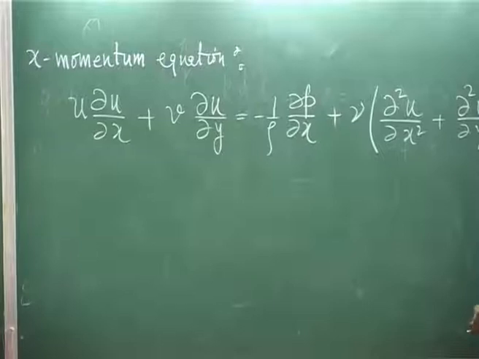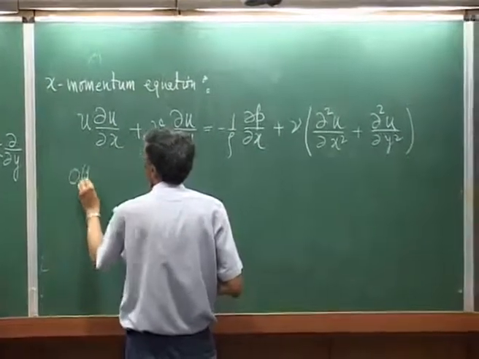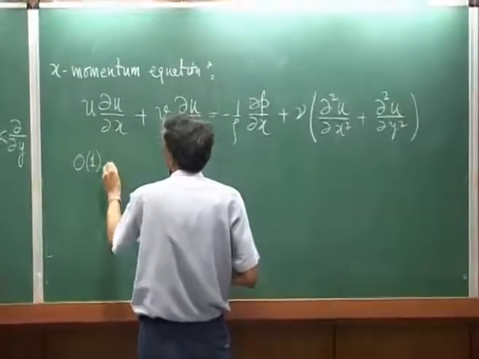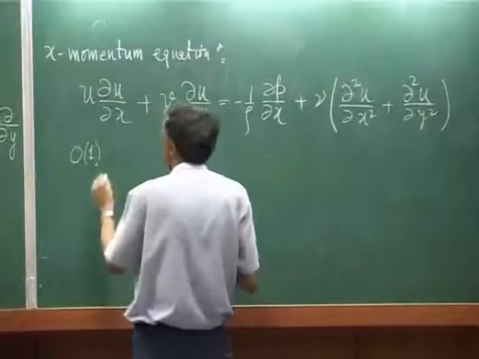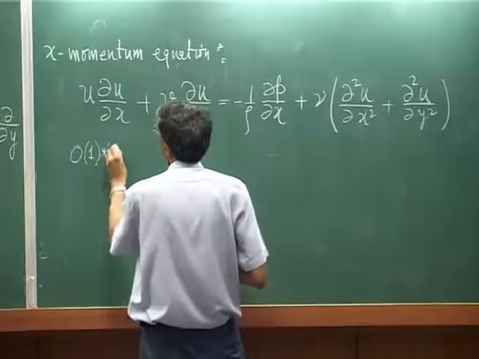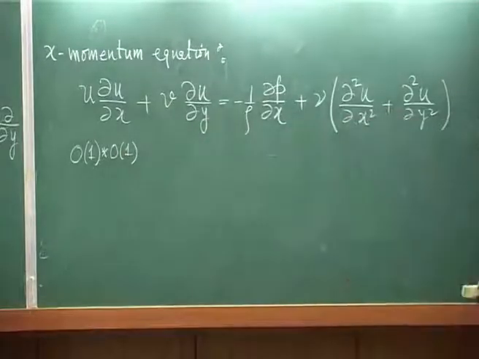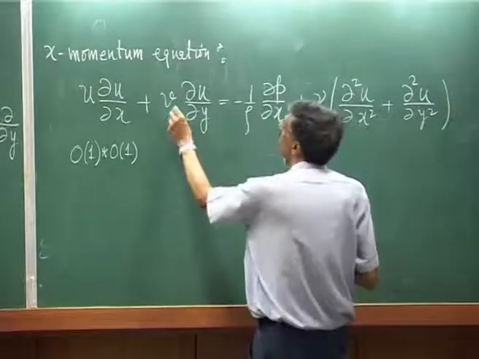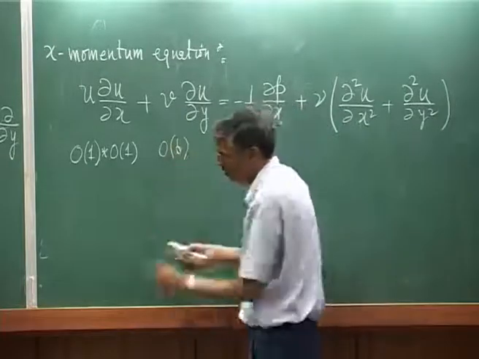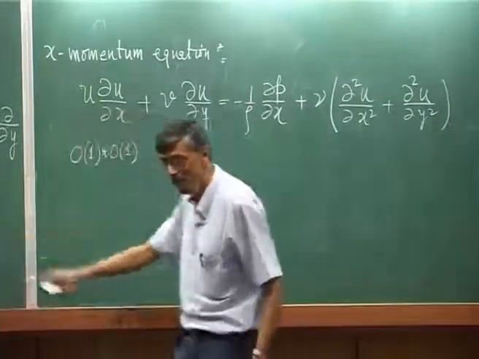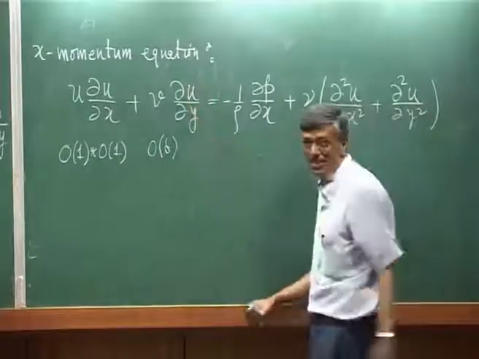What we get, u is order 1 as we have notified earlier. So, this will be again order 1, or the derivative also would be order 1 operation. So, we will be having an order 1 term, right. What about this? V is order delta, that is what we noted here, right. What about this term, del u del y?